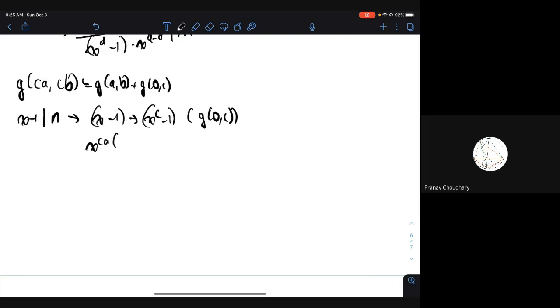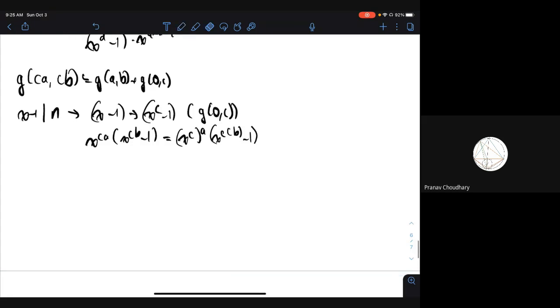X to the CA, x to the CB minus 1 is now equal to x to the C to the power of A, times x to the C times B minus 1. So basically, if we have x, this is x to the C to the power of A times x to the power of C to the power of B minus 1.